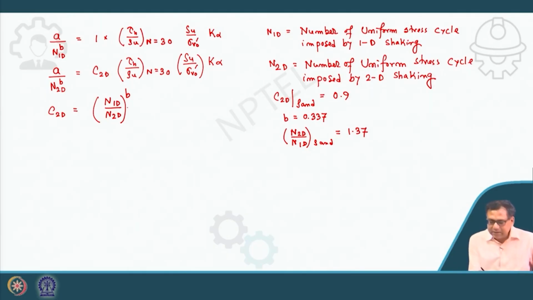How am I getting that? Just put B equal to 0.337 and C2D equal to 0.9. That is for sand, and you will get N2D by N1D for sand is 1.37. Now we are doing it for clay. Now this equation you are applying for clay.